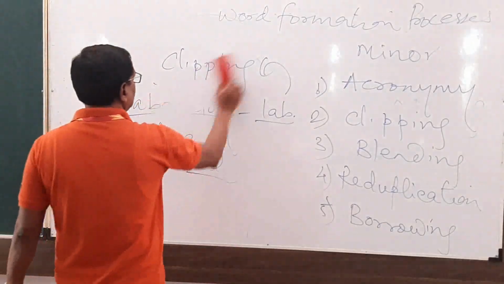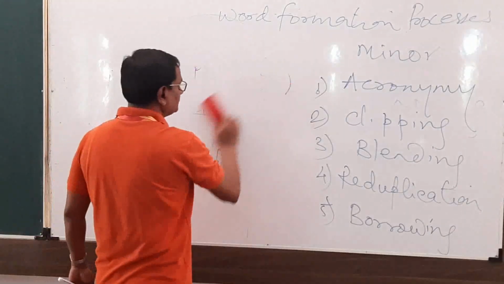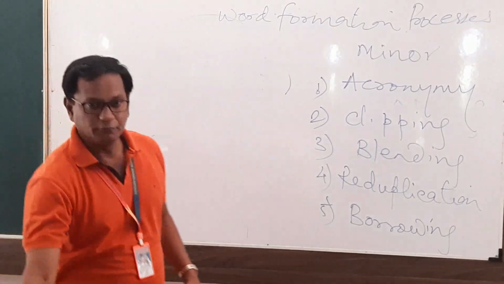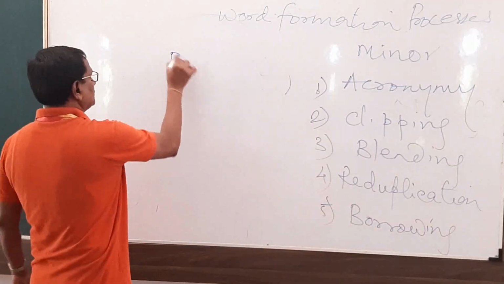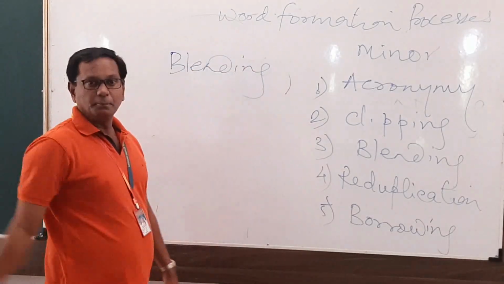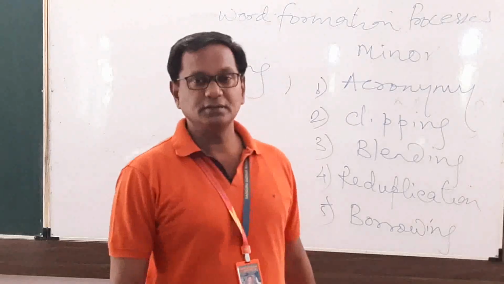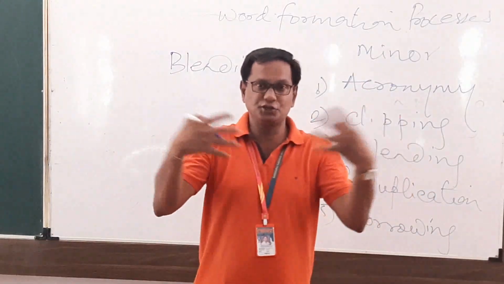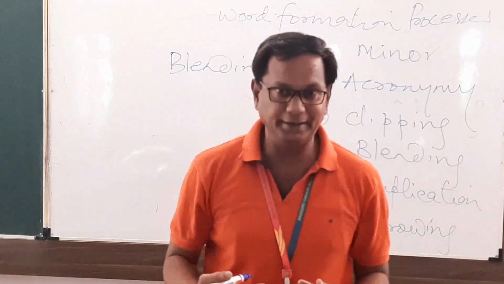The next process is blending, a very interesting process called blending. Blending is a morphological process, a minor process, in which two bases blend with each other. So blending means combining.